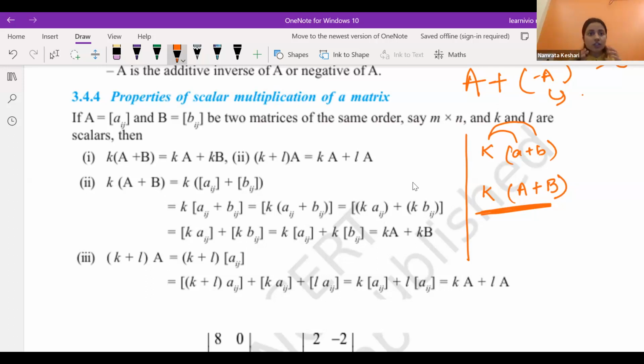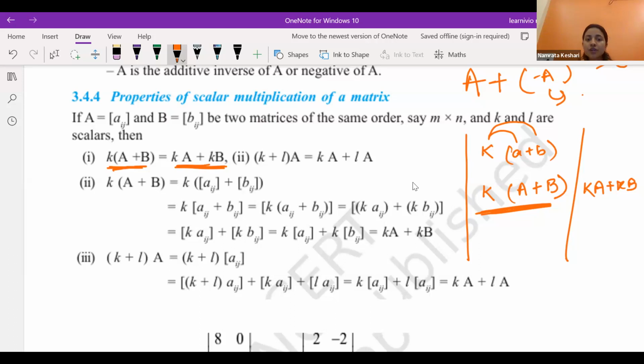Whatever result you obtain from here, you will find that this result and that result are exactly the same when you multiply the scalar first and then add them. Both are exactly same. So the first property is that only, this is same as this, which makes sense, right?